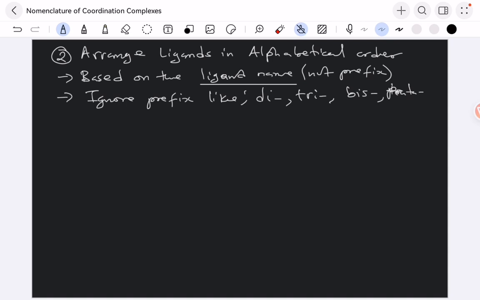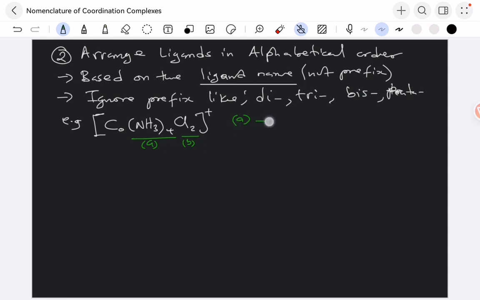Let's look at an example. For example, we have a complex which is cobalt, Co(NH3)4Cl2 positive. In this complex, we have to identify the ligands. So this is a ligand and that is a ligand.